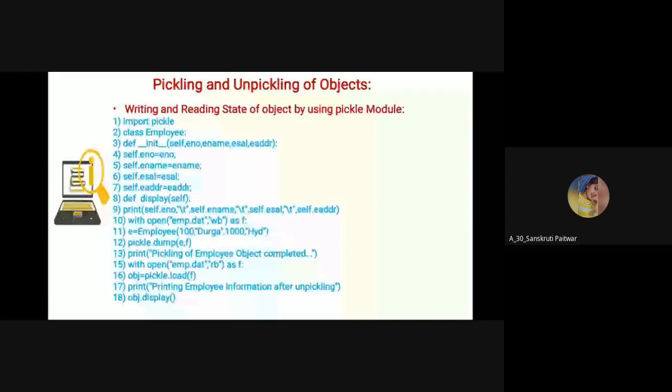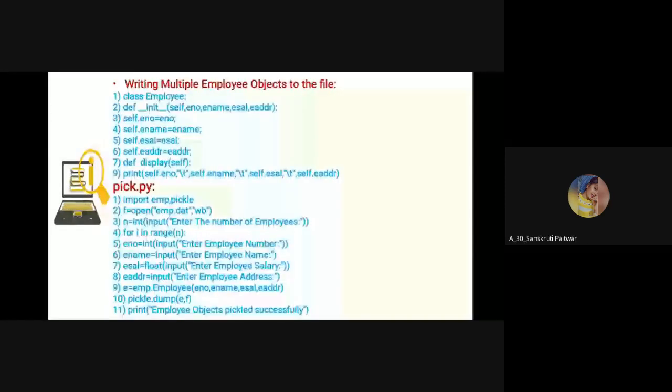In this way, you can write and read the state of an object by using the pickle module. Okay, so this is all about pickling and unpickling of objects. Next is writing multiple employee objects to the file. In the previous case, we have written only one object, but you can write multiple employee objects also.